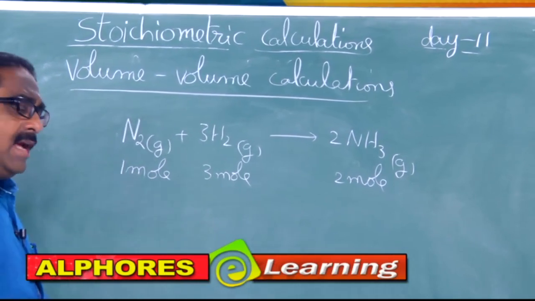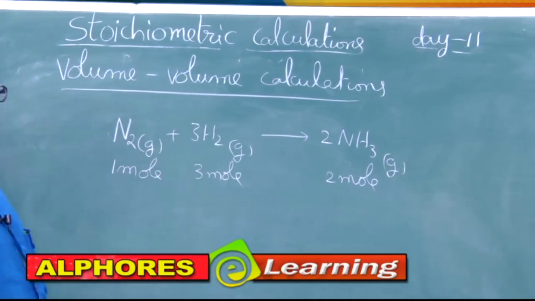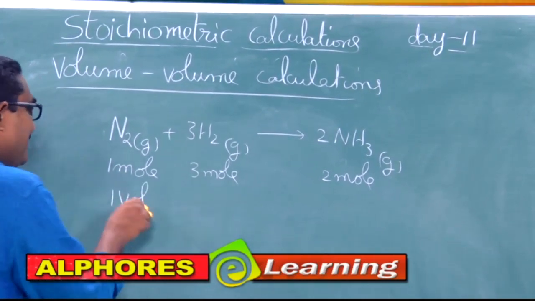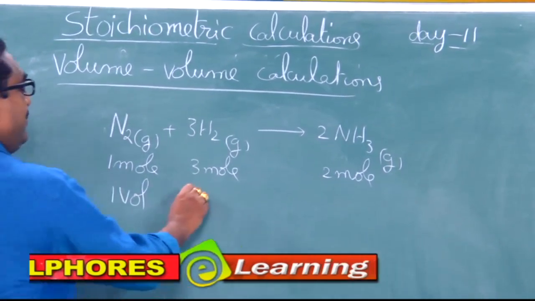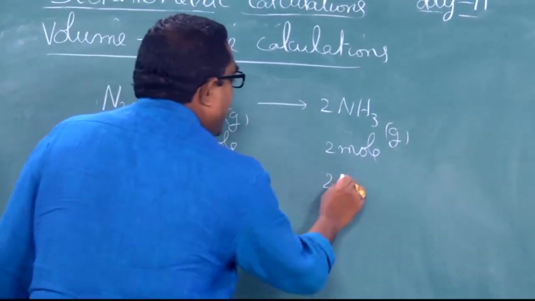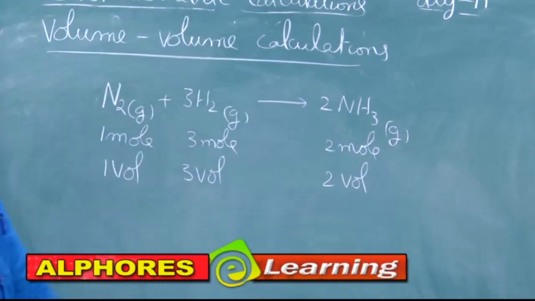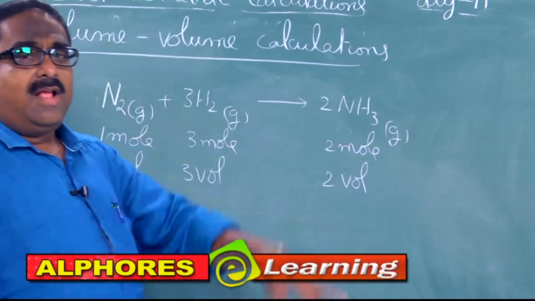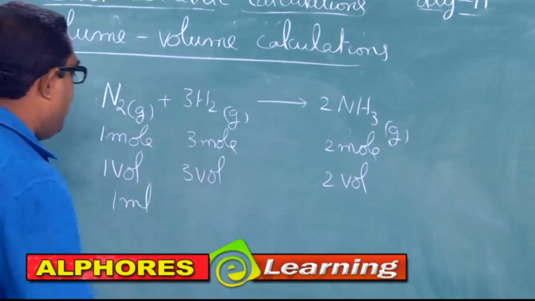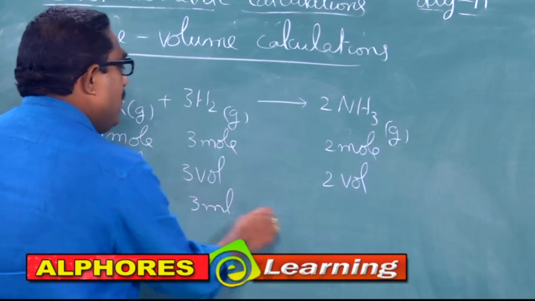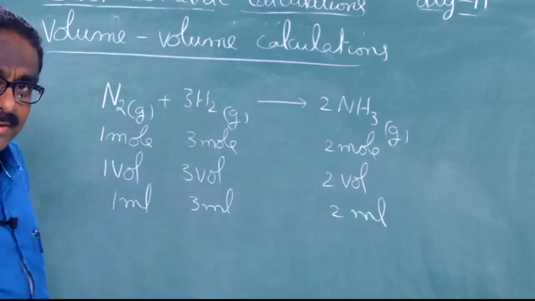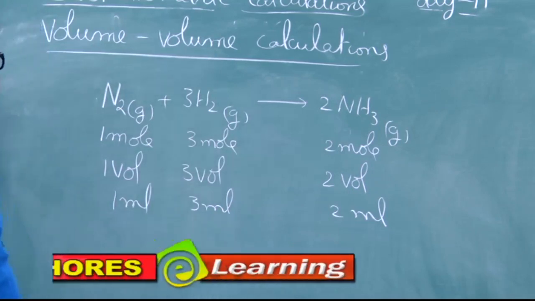Because all the three are gases, according to Gay-Lussac's law of combining volumes, one volume of nitrogen always combines with 3 volumes of hydrogen and always forms only 2 volumes of ammonia. That volume should be in the same unit for all the three. 1 ml of nitrogen always combines with 3 ml of hydrogen to form 2 ml of ammonia under similar conditions, same temperature and pressure.